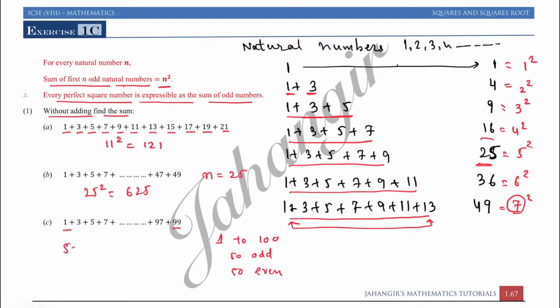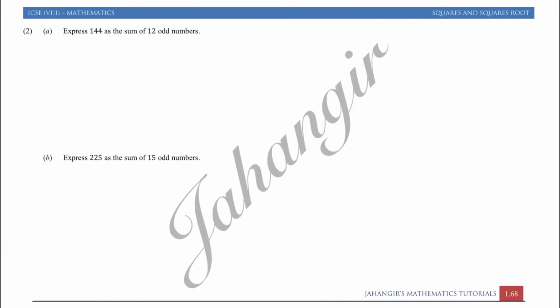So its total will be 50 square, that is 2500. These are the small tricks that you can remember. So the sum of n natural odd numbers is always n square. This was the first concept which you have learnt over here.